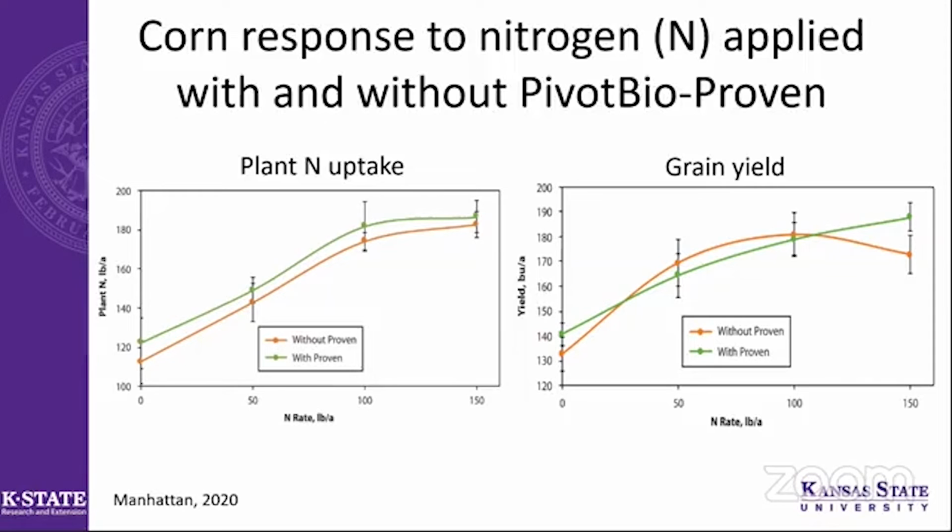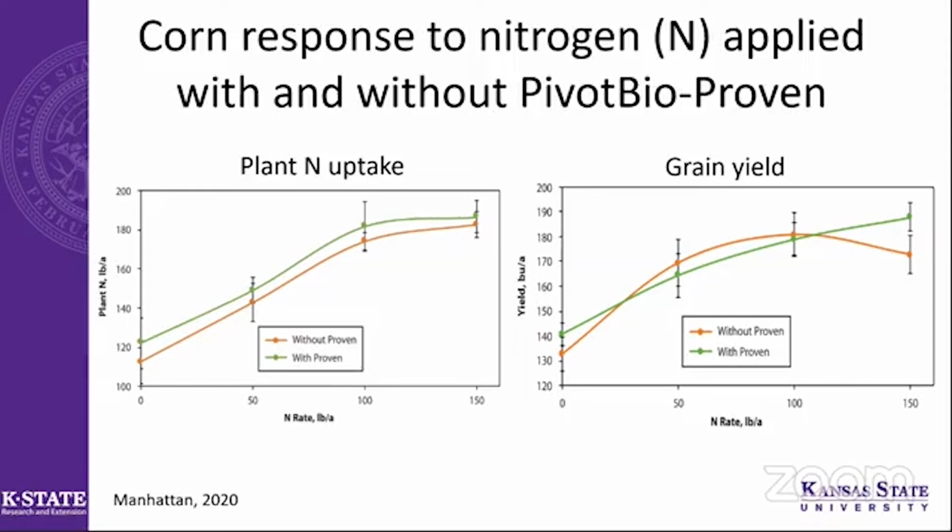I got that question also: what about irrigation? I don't know how it's going to perform under irrigation. Maybe that would be a situation where you see a little bit better performance as well. But again, what they are saying is about 30 pounds of nitrogen, so it's not something that is huge. But like I say, there is some good research going on, and hopefully we'll start to see better things coming soon.